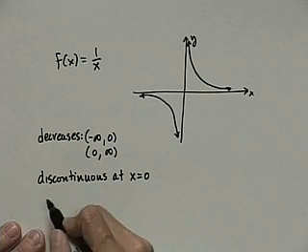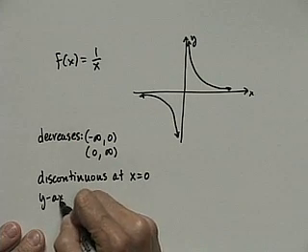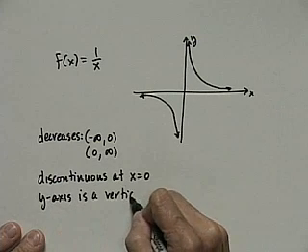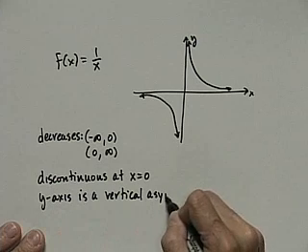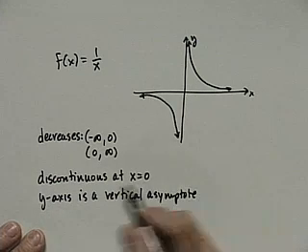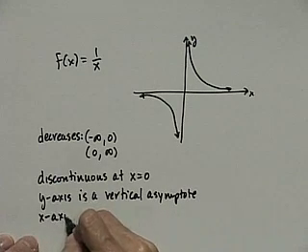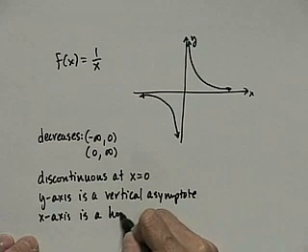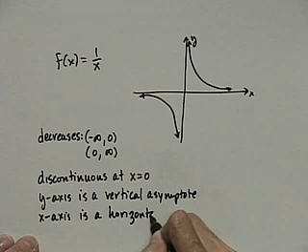We can say that the y-axis is a vertical asymptote. We can say that the x-axis is a horizontal asymptote for the function.